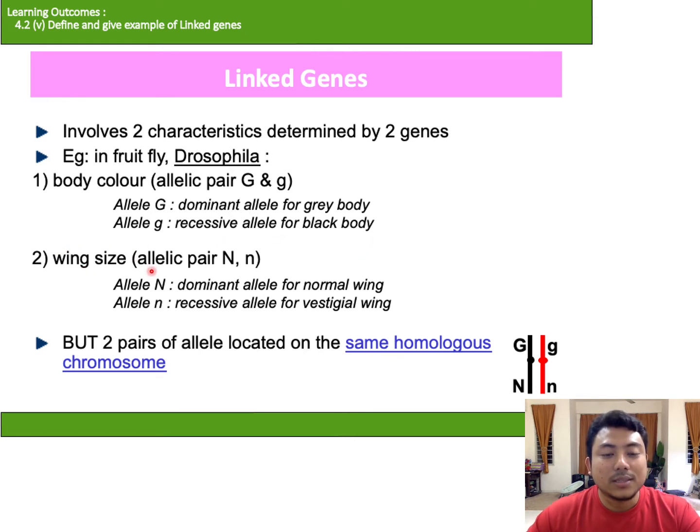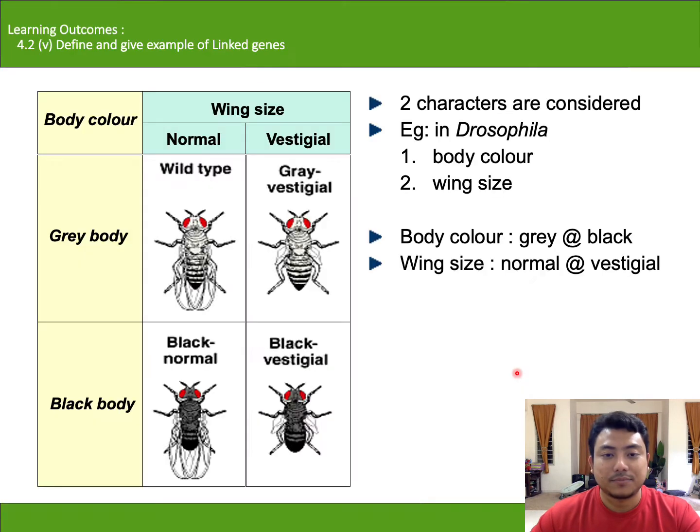For wing size, the allelic pair is capital N and small n, where capital N is for normal wing, and small n is a recessive allele for vestigial wing. Vestigial means a slightly shorter wing. These two pairs of alleles are located on the same homologous chromosome, so wherever G goes, N will also go. They will be inherited together.